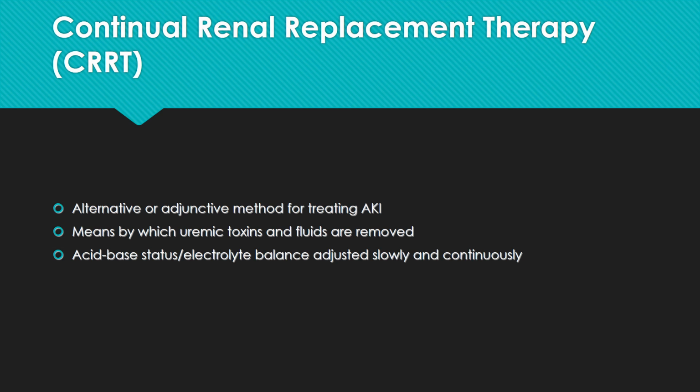Acid-base status, electrolyte balance adjusted slowly and continuously. And the renal replacement part is they also give a balanced solution so that so much volume isn't lost at one time. And the patient has to be in ICU for this treatment.